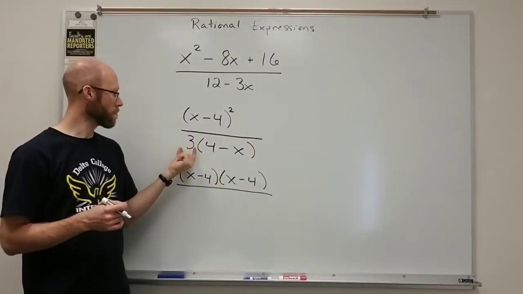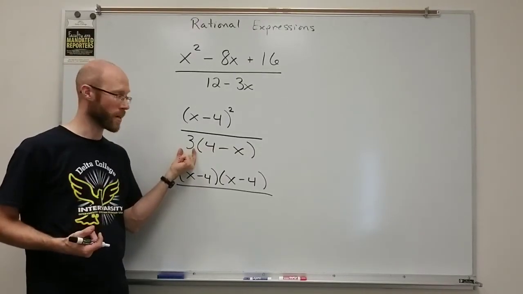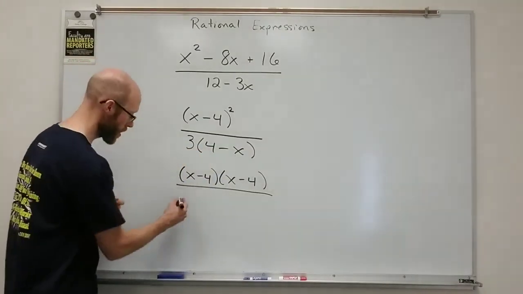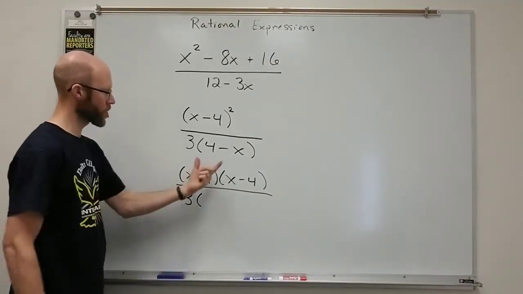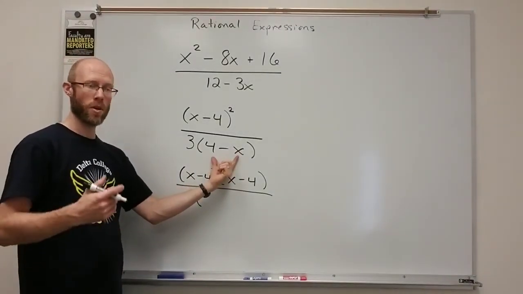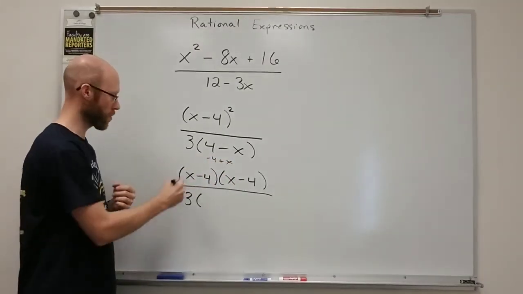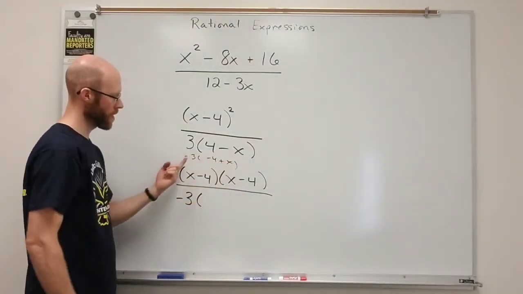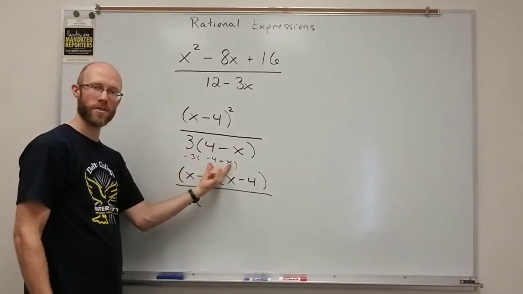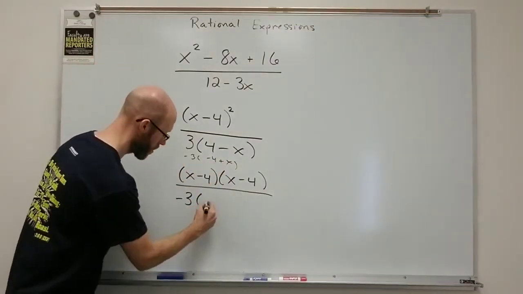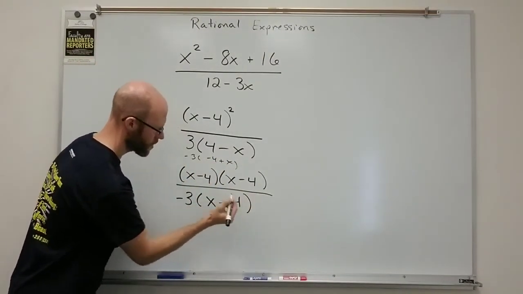If I were to pull out a -3 instead of positive 3, it will change this to -4 plus x, right? If I were to pull out a -3 on that. Well, -4 plus x is the same as x minus 4. Right, that changes the sign.